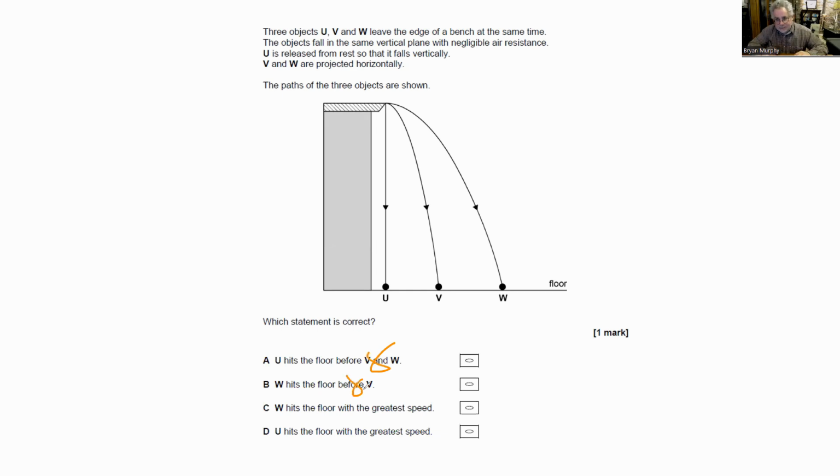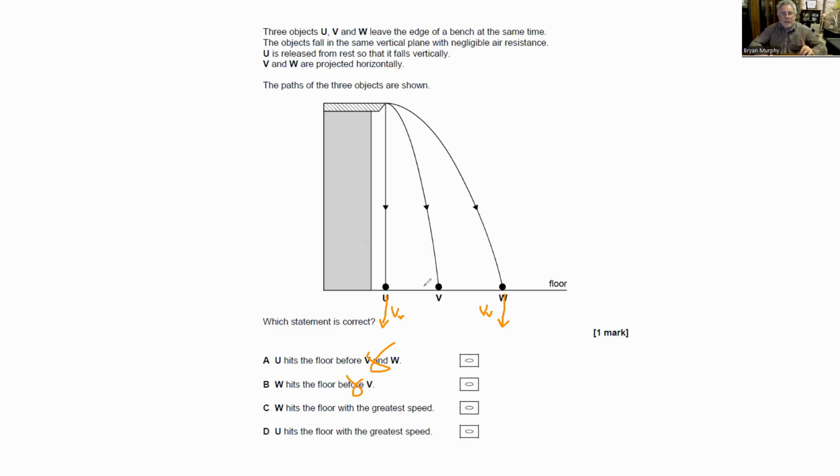Now we've got a slight issue. We've got to think about the speed. Which one hits the ground with the greatest speed? Well, if you think of your vectors, let's do D first. U is going to hit the ground like that. W is going to hit the ground with the same vertical velocity, because the vertical directions are the same, and we don't mind about the horizontal directions.